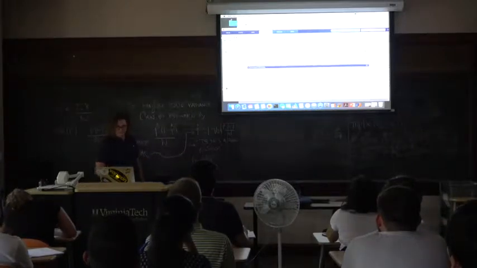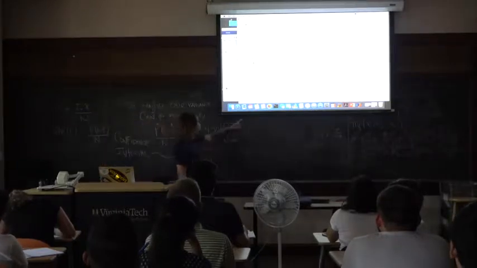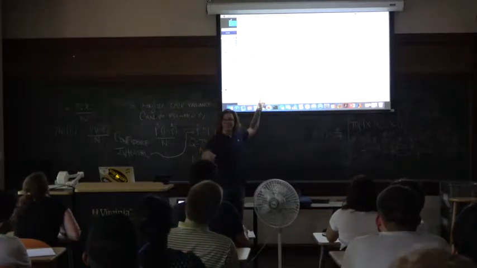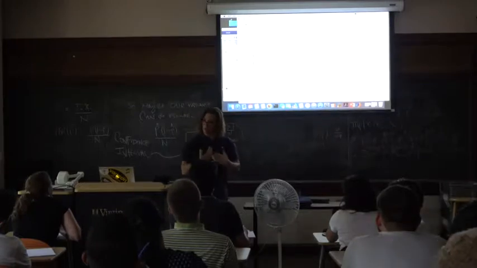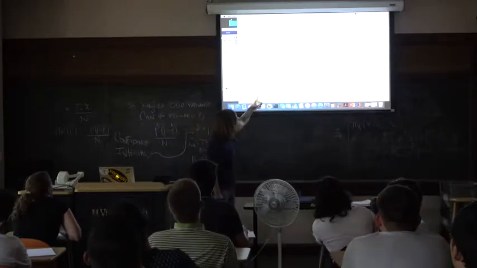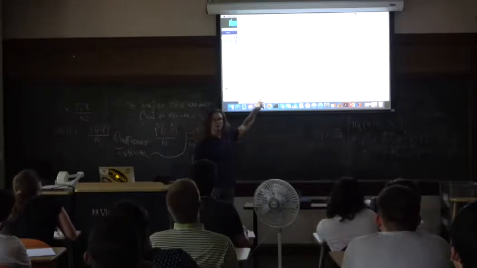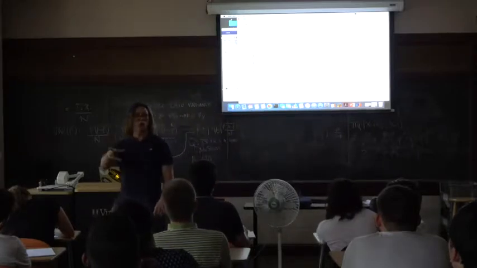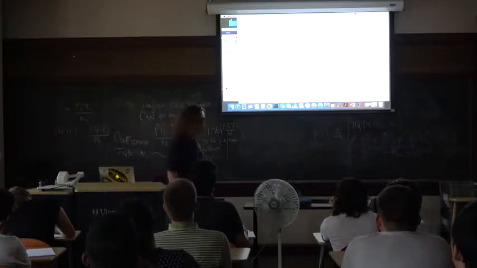So for a particular value of p, I'm going to sample 30 instances and create an interval. I see whether this interval actually covers the true p that I used to generate the data. If it does cover, I call it a 1. And if it doesn't, I call it a 0.